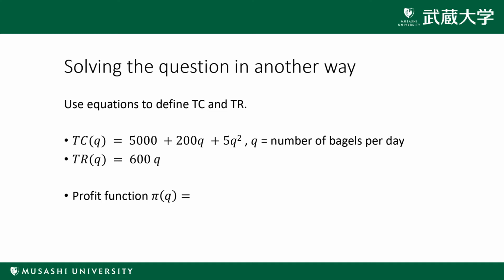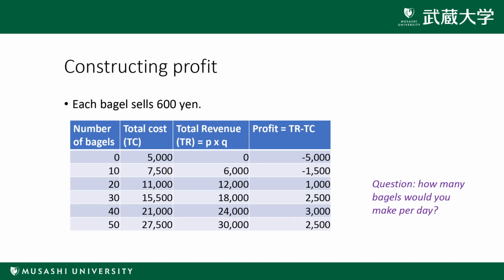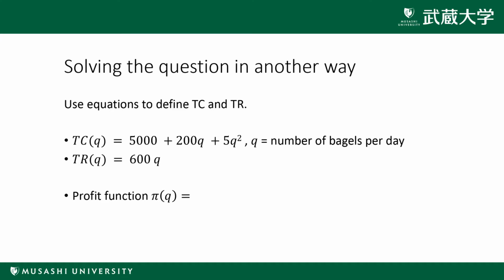Okay, so your total cost is a function of your output Q, and you can actually double check that the function is consistent with the total cost column, right? For example, if you plug in Q is 0, then the total cost is 5,000, and so on.